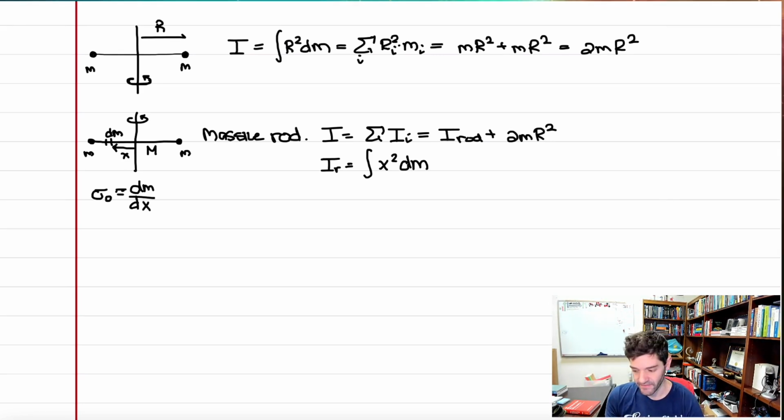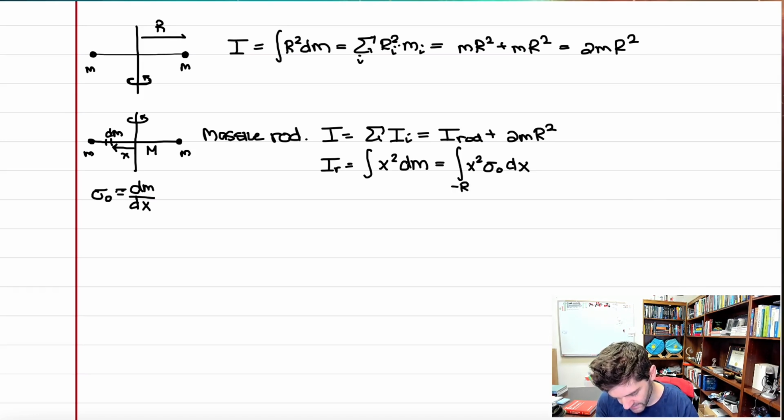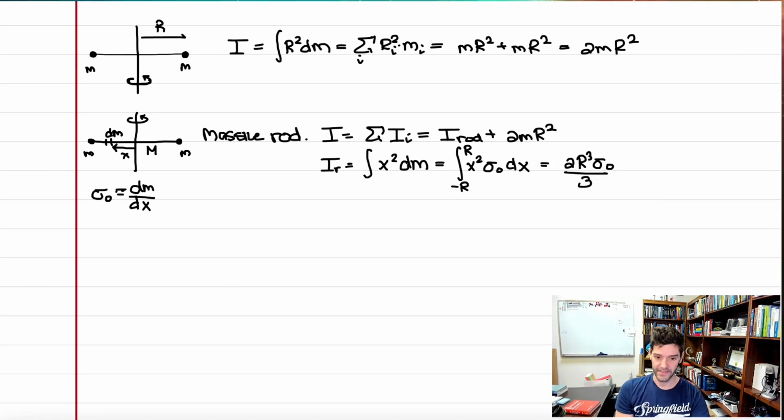Everything's along the x direction. So this becomes the integral of x squared sigma naught times dx. Now I've turned this into an integral over a bunch of x's, going from negative r to positive r. And this is then going to be 2r cubed sigma naught over 3 at the end of the day.